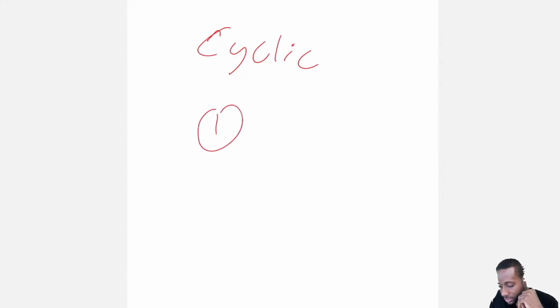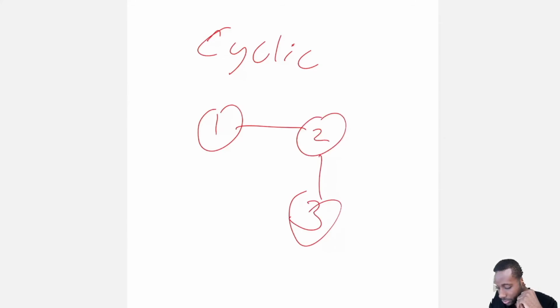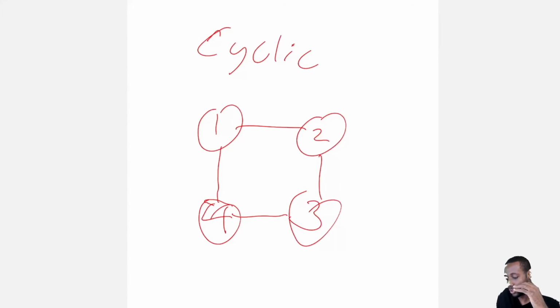The next one that I want to cover is the cyclic graph. This is a graph with cycles. Throughout this video I've been drawing a lot of cyclic graphs. We can easily see this is a cyclic graph because we can start at node 1 and also end at node 1.